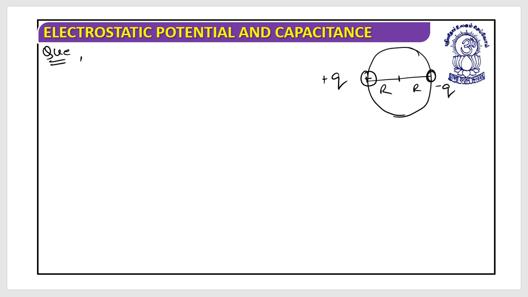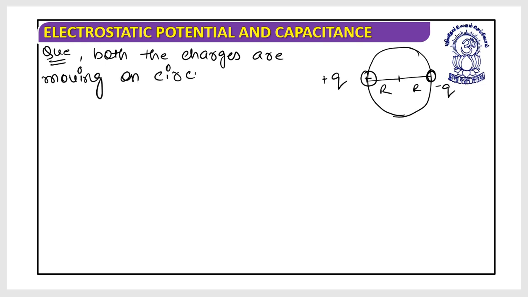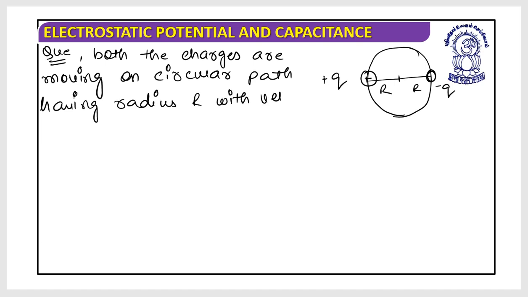Both the charges are moving on a circular path having radius r with velocity v.